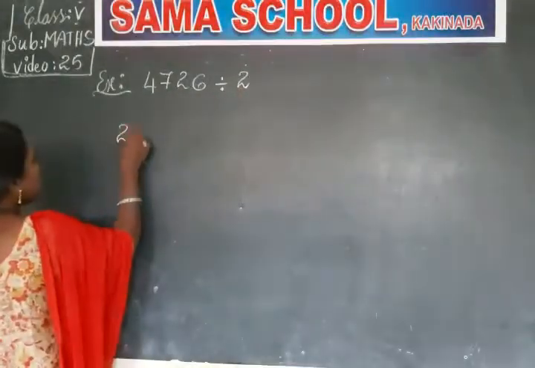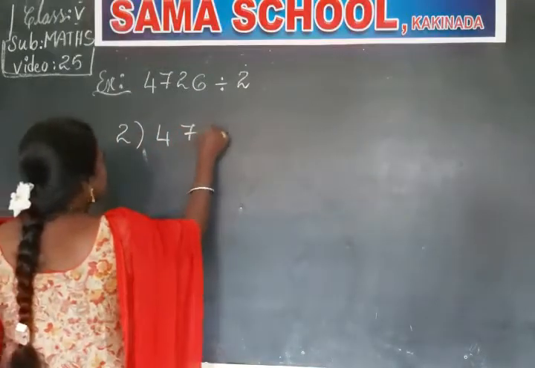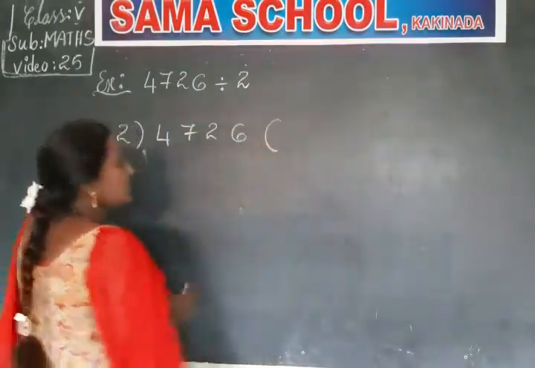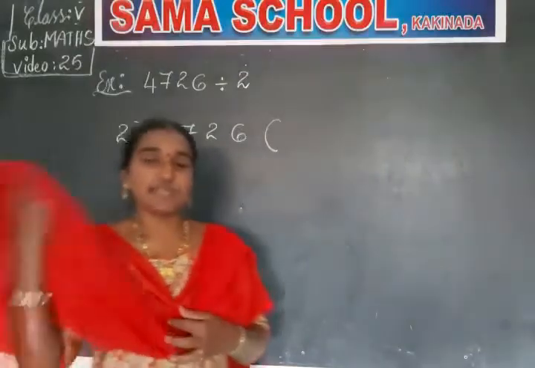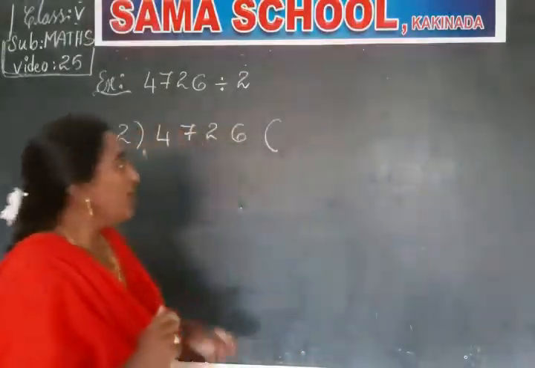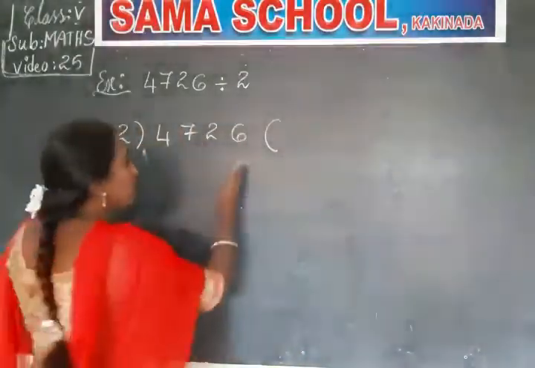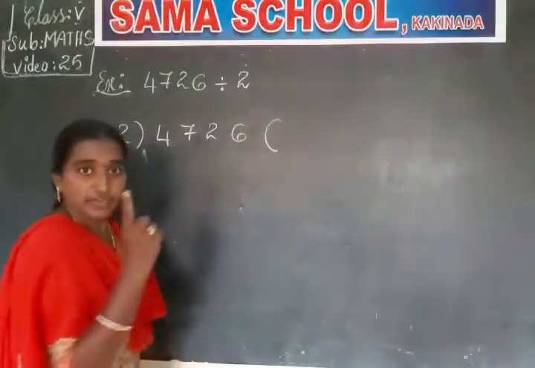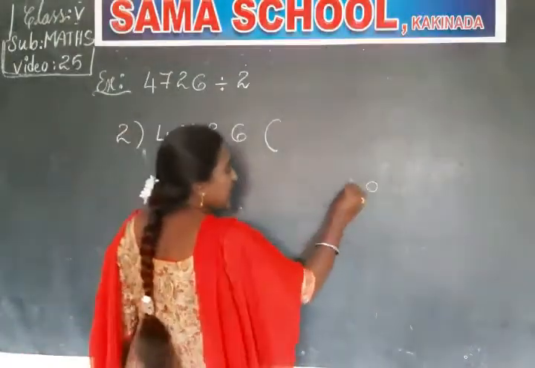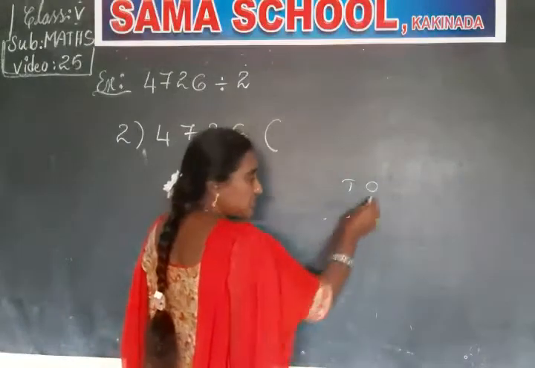So arrange the numbers for doing division. See children, for addition, subtraction and multiplication, we do sums from the ones place. Right? Do you remember? Addition we start from the ones place. Subtraction also only from the ones place. Multiplication also from the ones place.